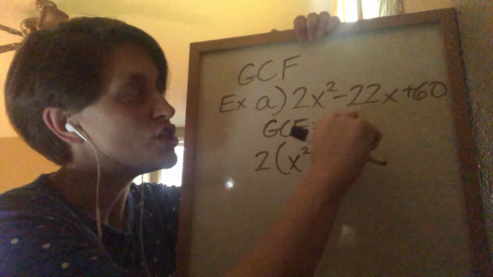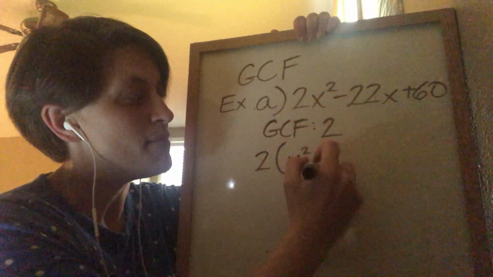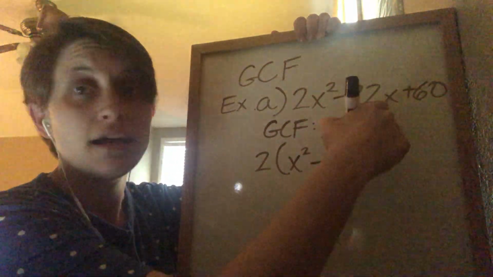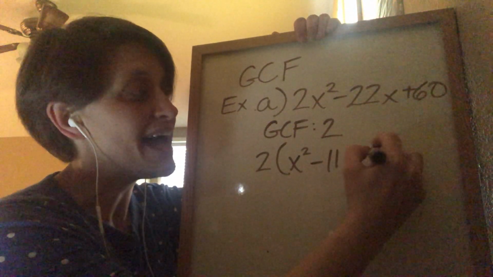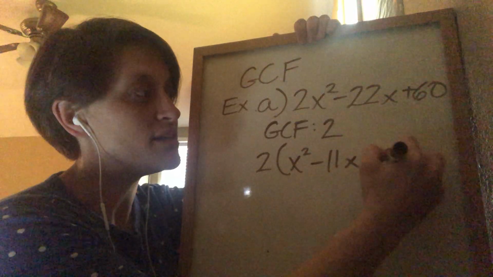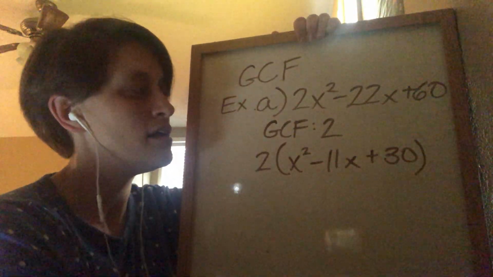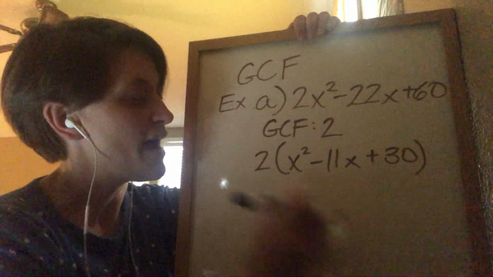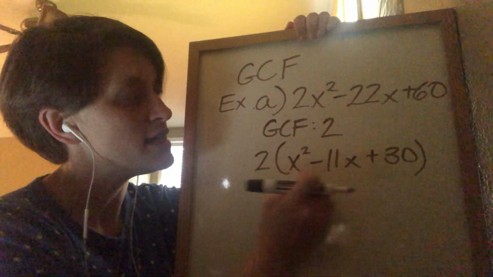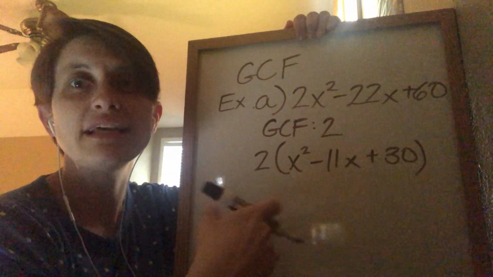If we divide this term by 2, we'll have a minus 11 and the x. And if we divide this last term by 2, 60 divided by 2 is 30. And so that's what it looks like to factor out a greatest common factor.